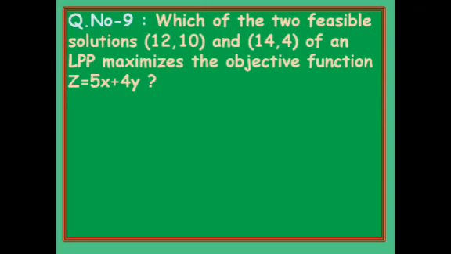Here 90% of the work has been already completed. Corner points of the feasible region already given. 12,10 and 14,4 are the coordinate values of corner points.